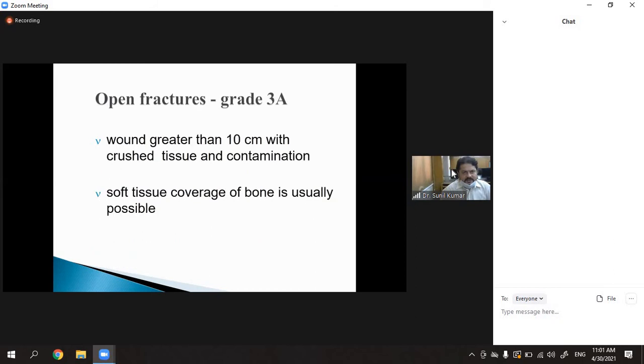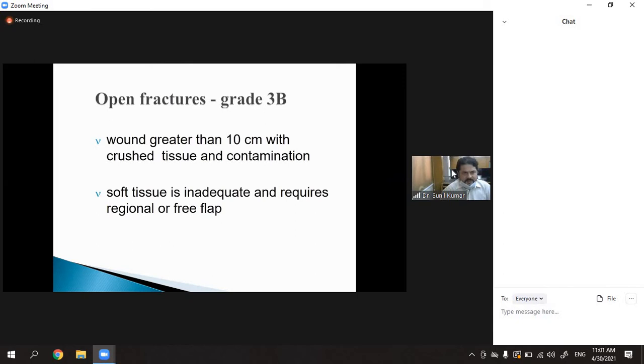Then grade 3 is divided into 3A, 3B, 3C. 3A is when the wound is greater than 10 centimeters, with crushed tissue and contamination; soft tissue coverage of bone is usually possible. In 3A, the bone will be coverable with the soft tissue.